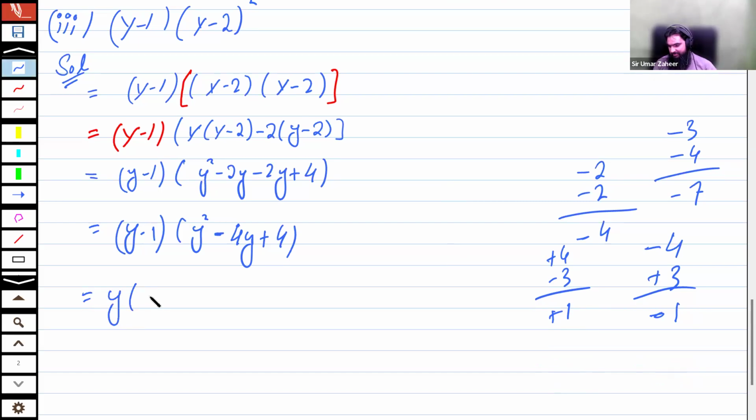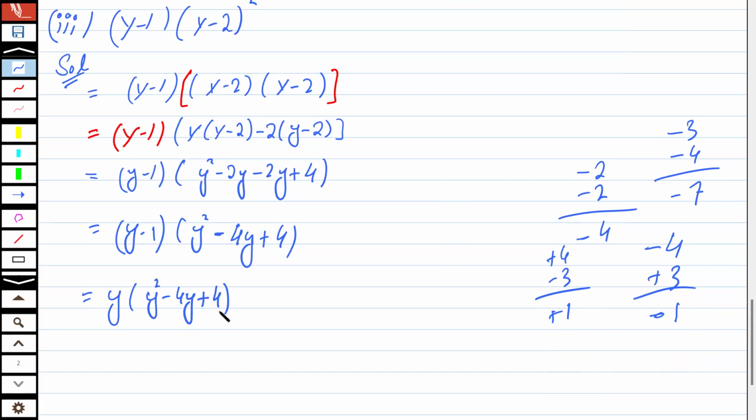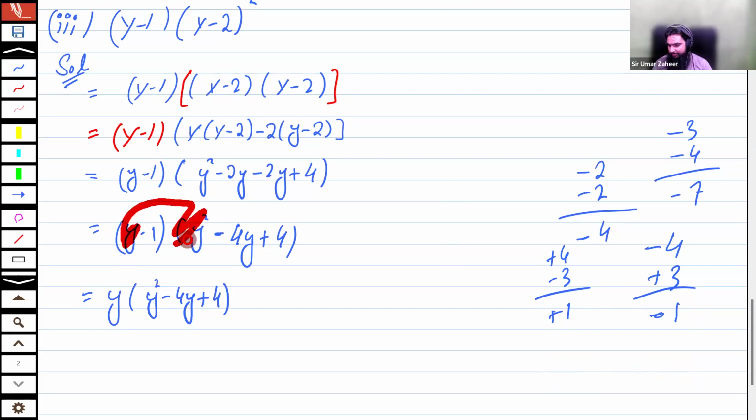We have y times (y square minus 4y plus 4). We have to take the first value and multiply it with the next whole term. Now we have -1, multiply with the next whole value, that will be y square minus 4y plus 4.